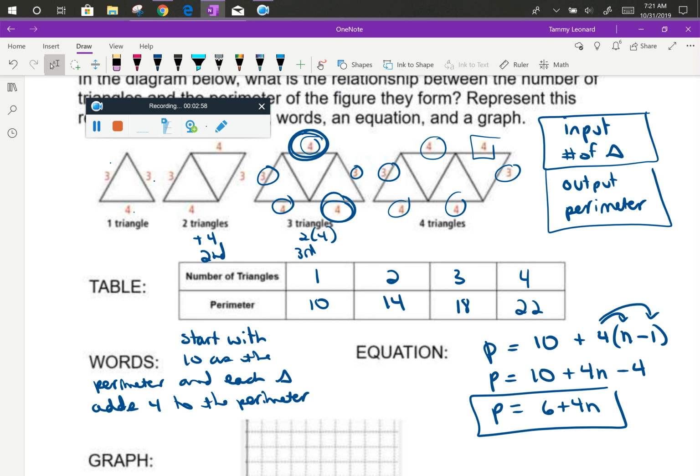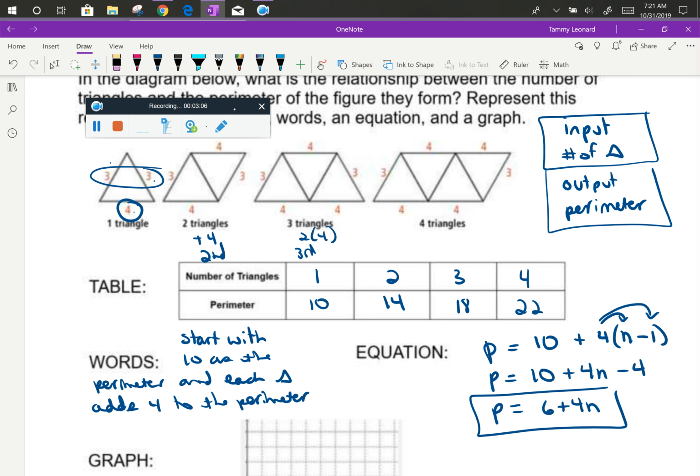And if we look at that, notice there's 1 4 for the first triangle and the 6. Each of these pictures has that same 6. There's the 6, there's the 6, there's the 6. One triangle has 1 4, 2 triangles has 2 4's. So that's another way we might have thought about the problem.